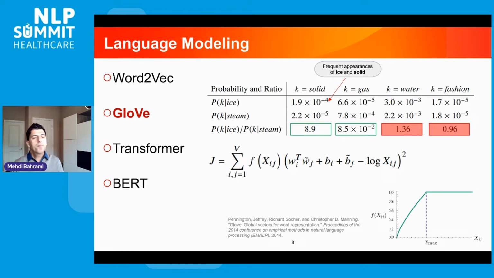So the objective function here is basically to understand the co-occurrence probability for the target words, ice and steam, with a selected context word from a 6 billion token corpus. The dot product equals the co-occurrence, and then we limit this by using the cap f function, which means a more frequent word would be capped and then considered as a 1.